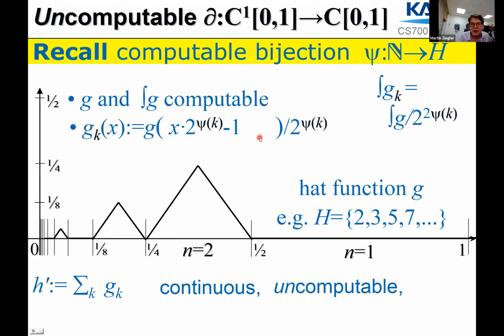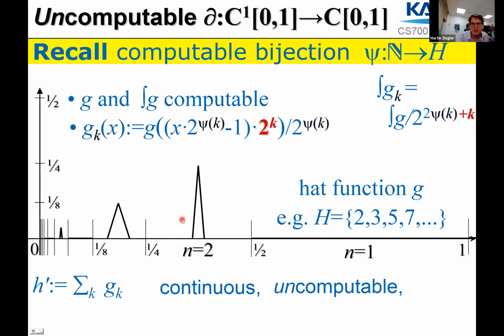Or put differently, if in this enumeration of all terminating programs it takes long for n to appear, if n is psi of k for very large k, then the head will still have the same height, but be much thinner.